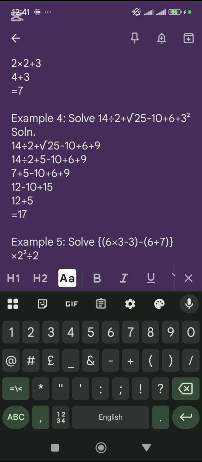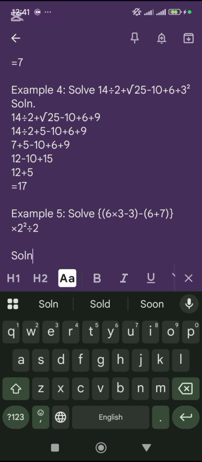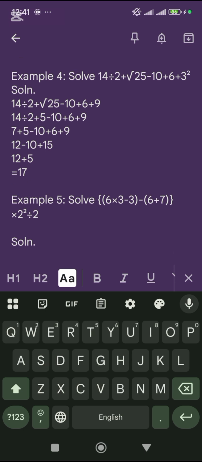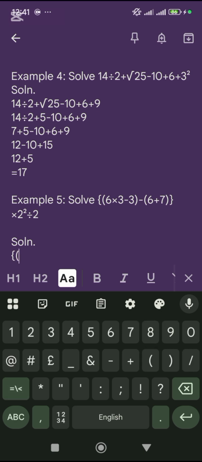Okay, now this is the equation. Let's have solution here. If you look at this question, you will see that we need to start from the inner bracket, that is the parenthesis. The equation in the parenthesis there is 6 times 3, and so we'll just put this and put this. 6 times 3 is 18, and that is minus 3.